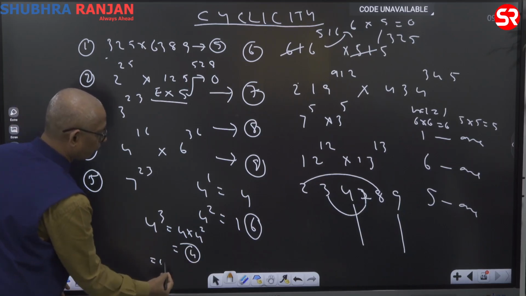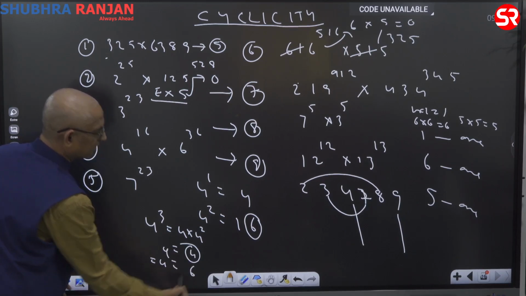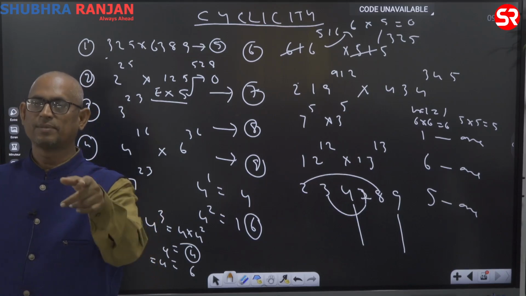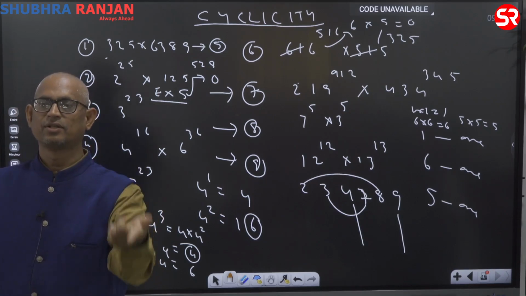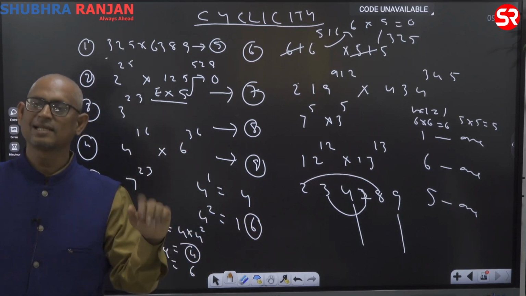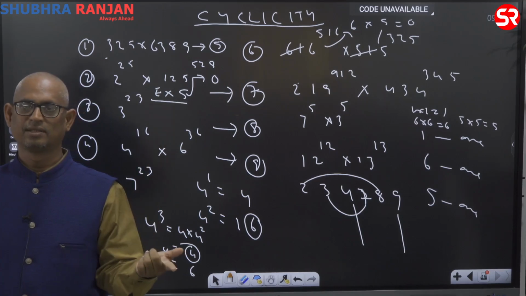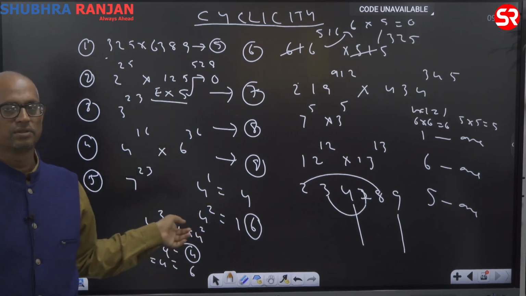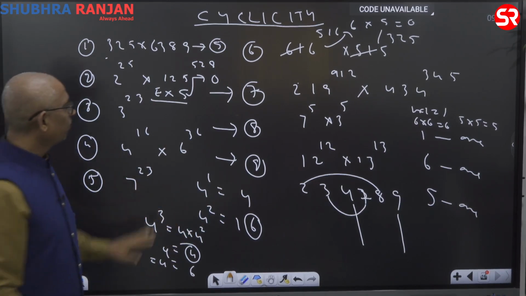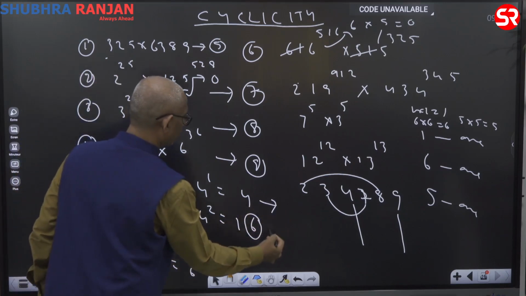So 4 power 4, what is the unit digit that will come? 6. So the repetition happens after 2 times. So cyclicity is 2. If repetition happens after 1 time, the cyclicity is 1. Got it? Any doubt?